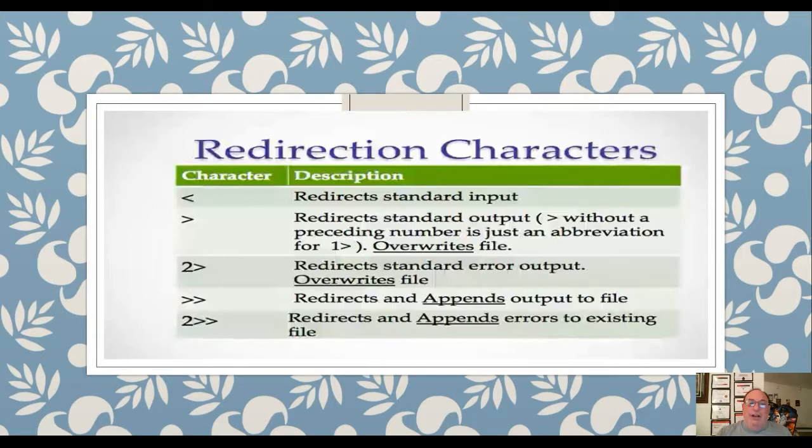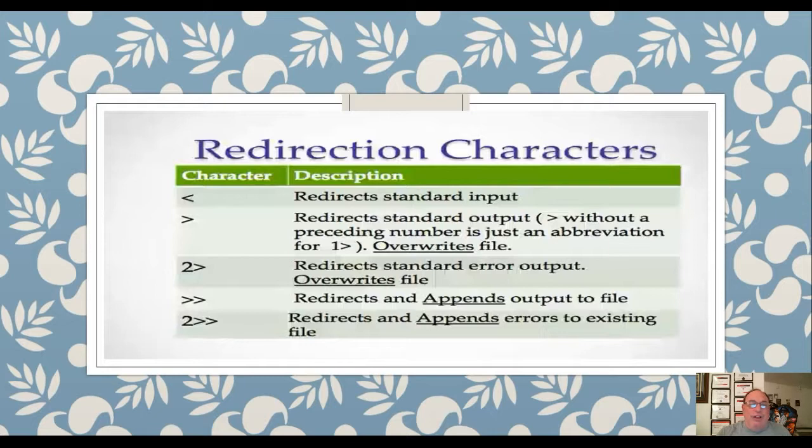In summary, as you can see in the following chart, the arrow facing to the left redirects the standard input. If it's facing to the right, it redirects the standard output. Without a preceding number, it'll assume a 1. If you want the error, you put a 2.